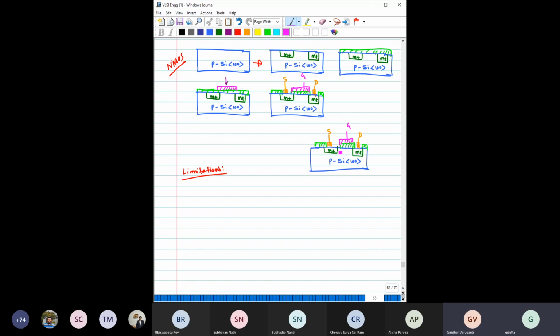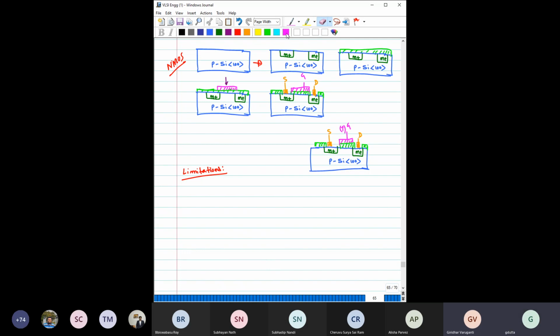This gate has not actually overlapped with the source. So when you apply some positive potential, you don't have any channel in this region between source and drain. So it will always be discontinuous. There will be no current. Transistor operation is suspended. So for this type of device, the uncertainty in aligning this gate is quite extensive.